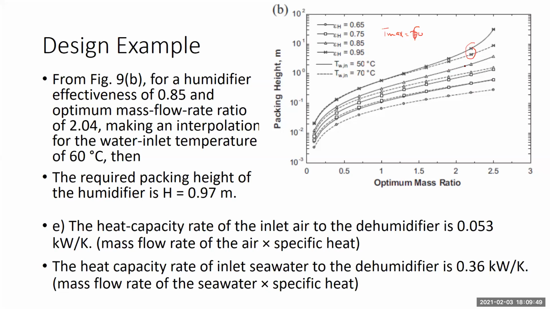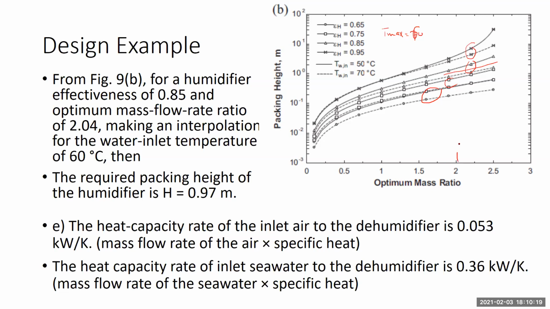And then we have these 2 lines, and finally we have these 2 dotted lines. Now for our case, we have effectiveness of 0.85, so it's that triangle here. And we're talking about maximum temperature of 60, so by visual interpolation, it is somewhere in the middle between these 2 lines.